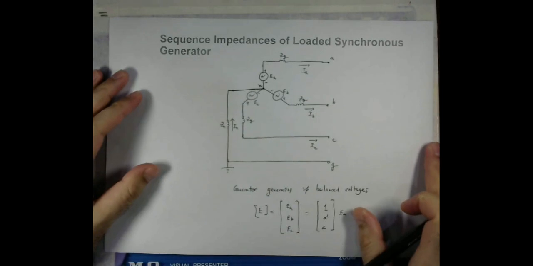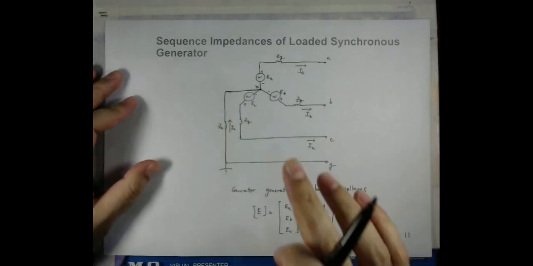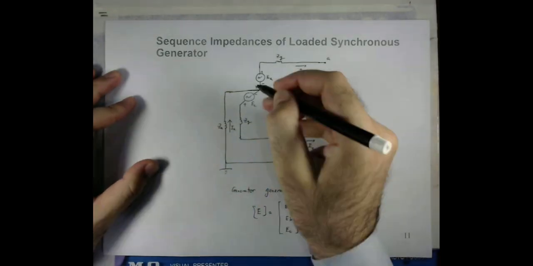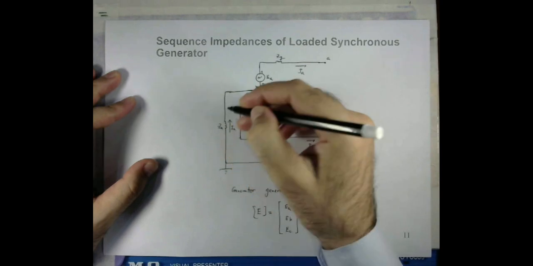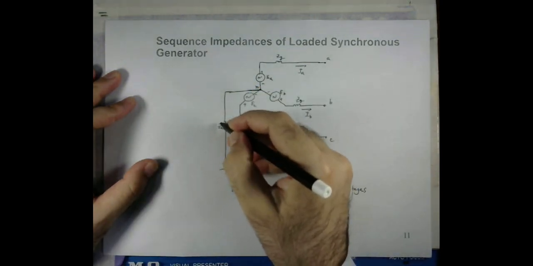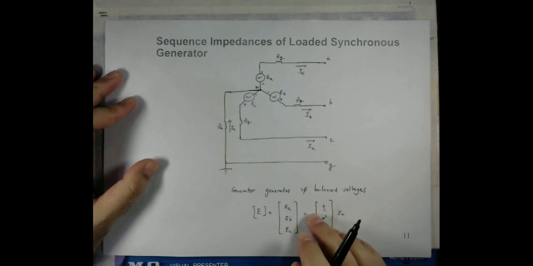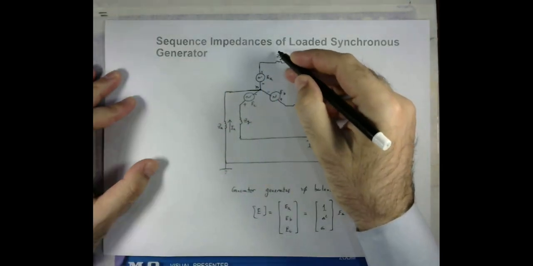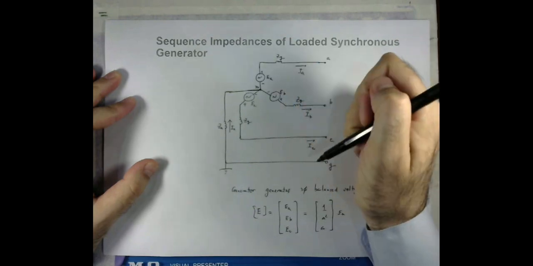This is the case of a three-phase synchronous generator, where the neutral point is again connected to the ground through the impedance Zn. Each phase also has a certain impedance, represented by Zg.